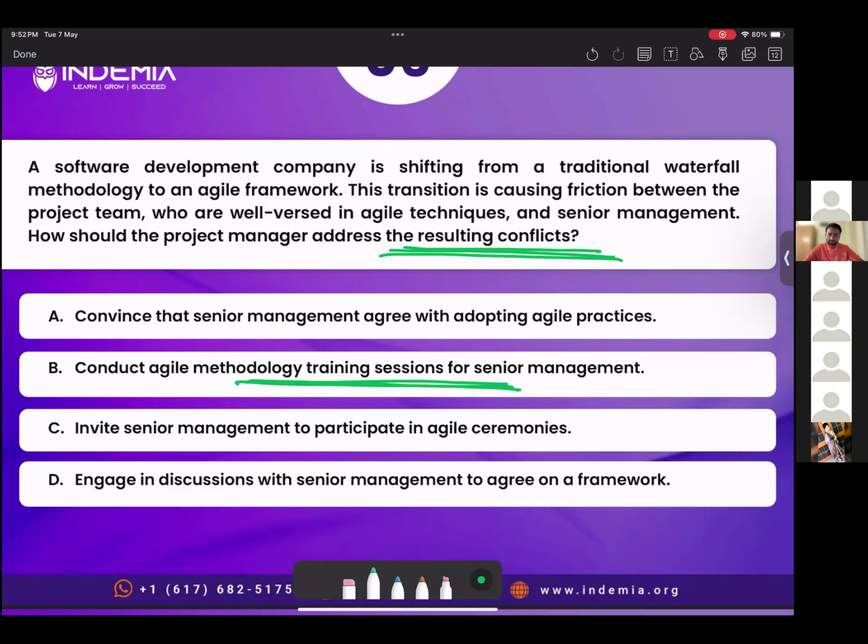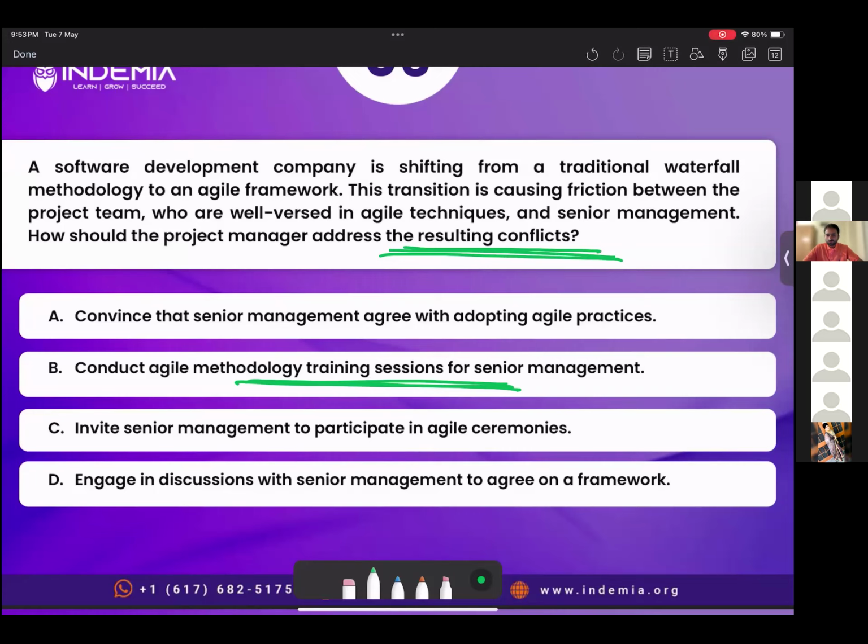But the problem here is that there is no indication in the question that senior management have no idea about Agile. In previous questions, you might have noticed it's clearly written that the PM or the team are good in Agile, good in Waterfall, and senior management don't have an idea, the sponsor is not aware. But here, there is no such indication.